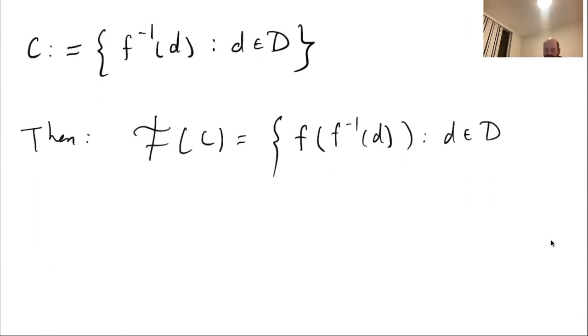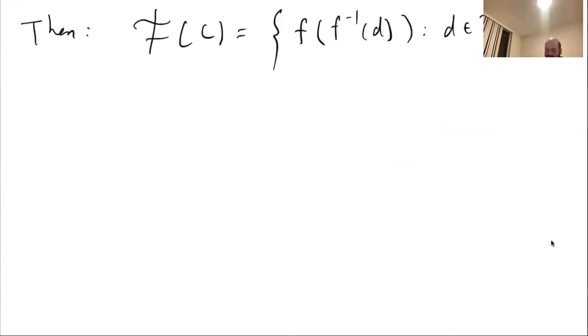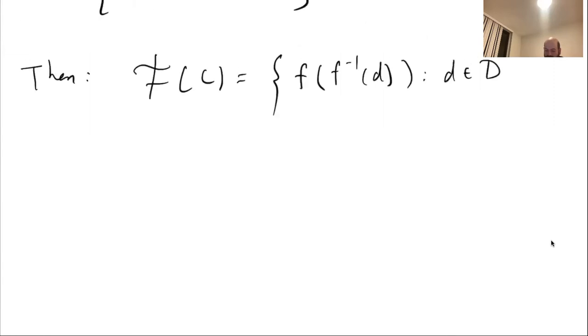F of F inverse of d is the same as d. So this is the set of all elements d such that d belongs to D, and of course this is the same as D.